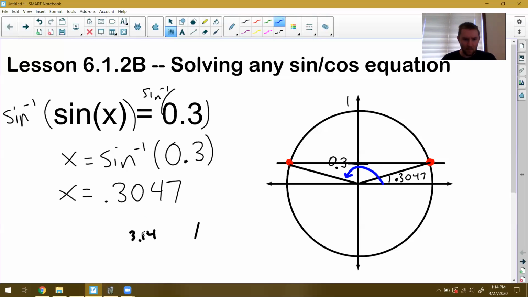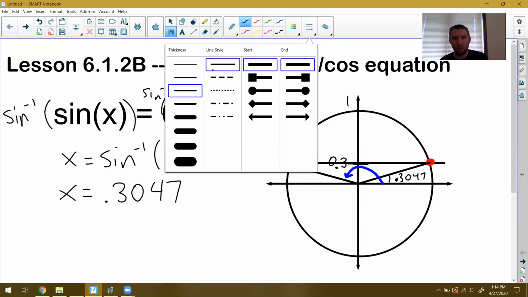So if I just get rid of these real quick, what I want you guys to notice is that when I draw this horizontal line and then I draw the two angles, these two black lines from the origin to these red dots, the angles look very symmetrical, right? It looks like basically the same thing on both sides.